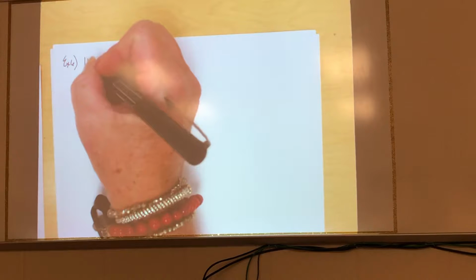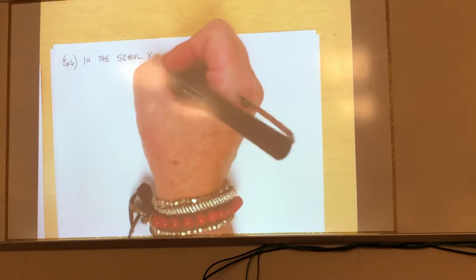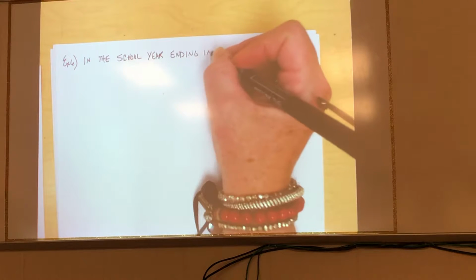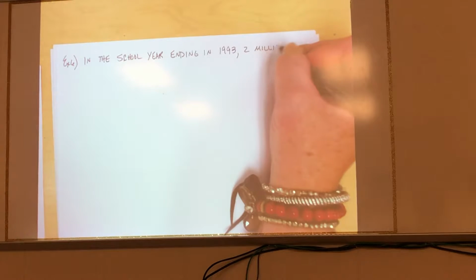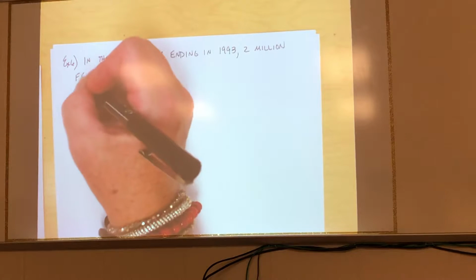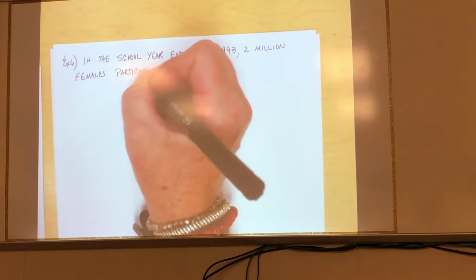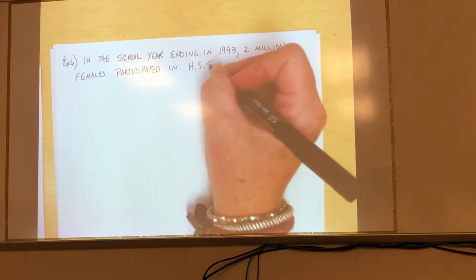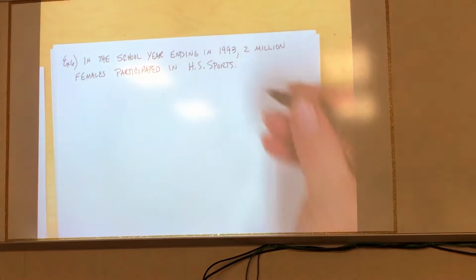It says, in the school year ending in 1993, 2 million females participated in high school sports. Okay, so in 1993, 2 million girls were participating in high school sports.